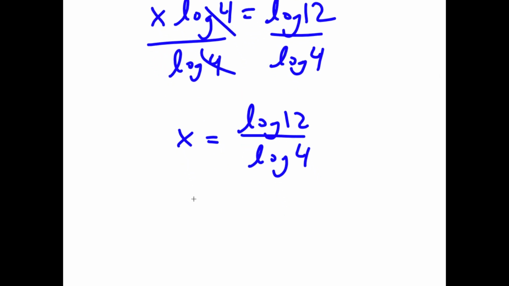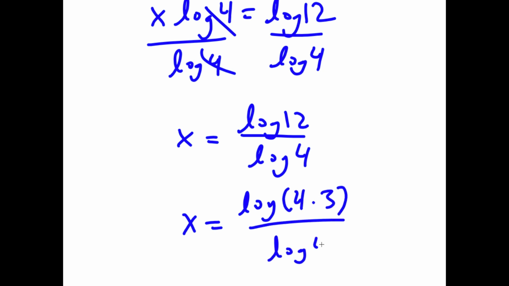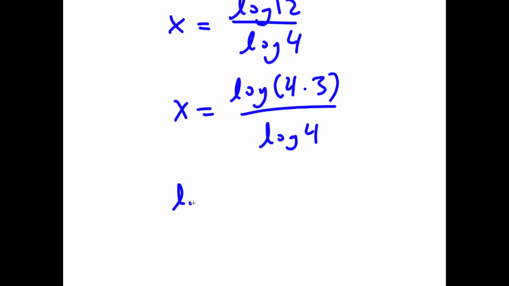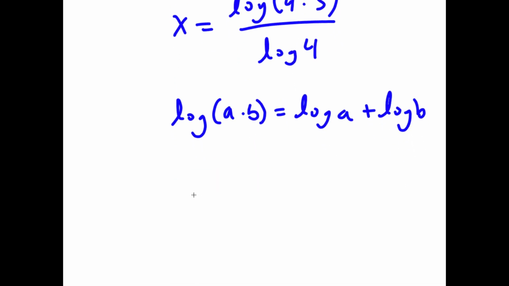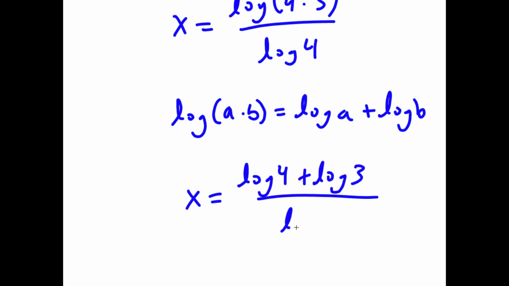Now, I can rewrite log 12 as log of 4 times 3. So I have log of 4 times 3 over log of 4. And if I have something in the form log of a times b, this is equal to log a plus log b. So log 4 times 3 is going to equal log 4 plus log 3, and I have this over log 4.